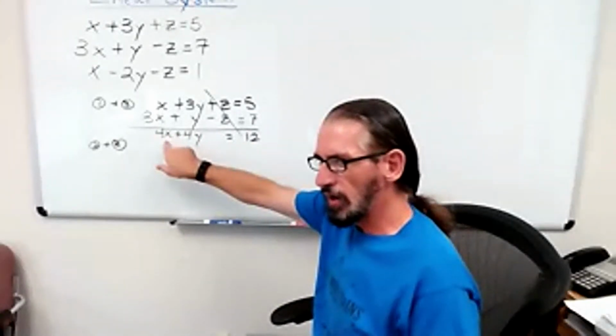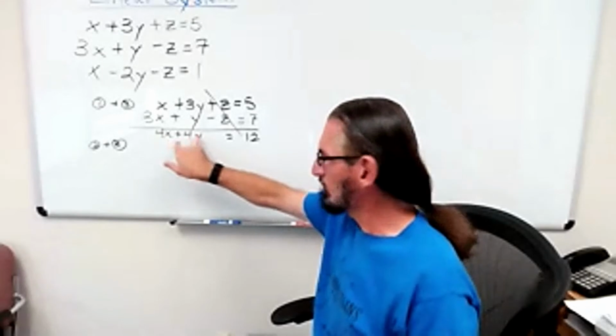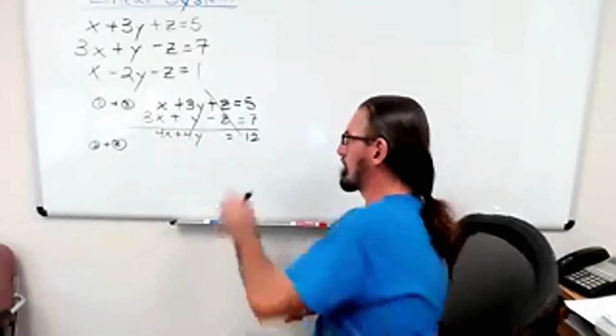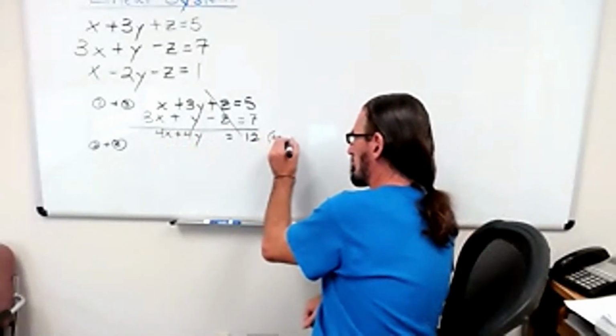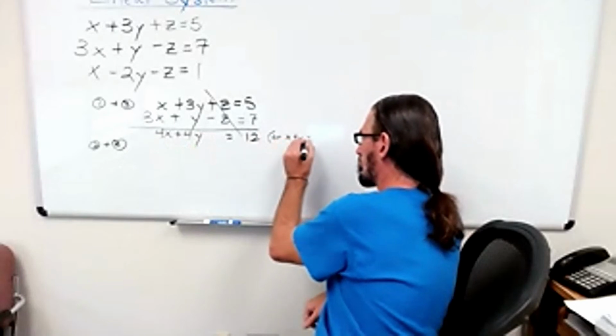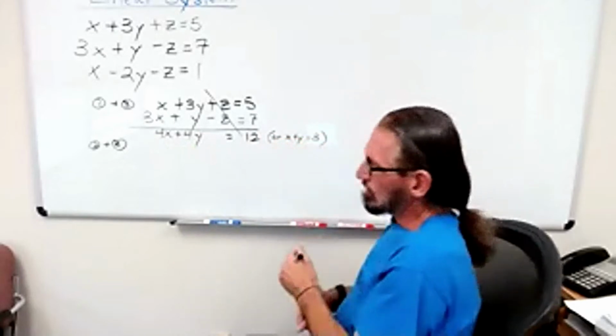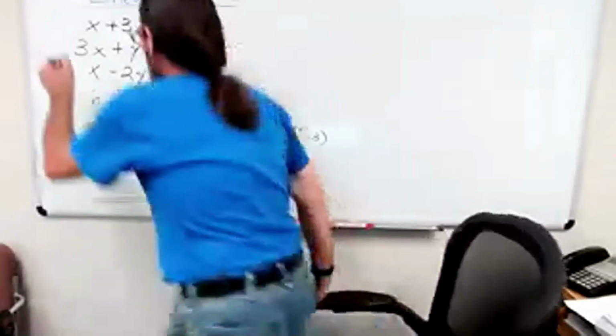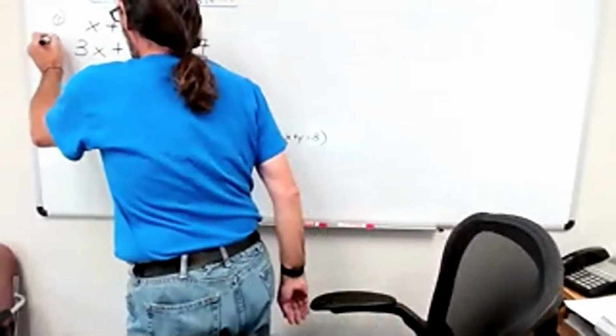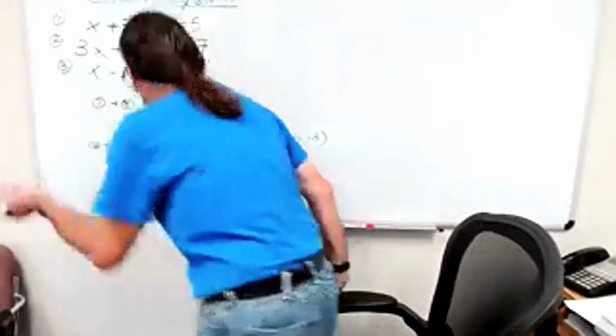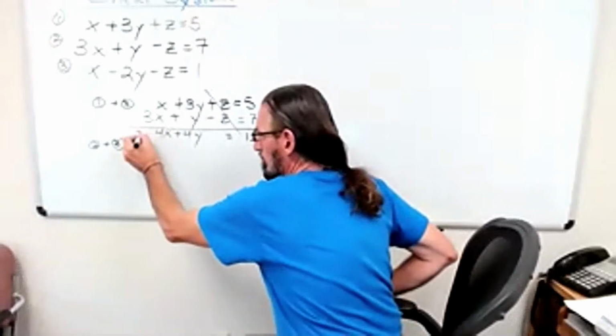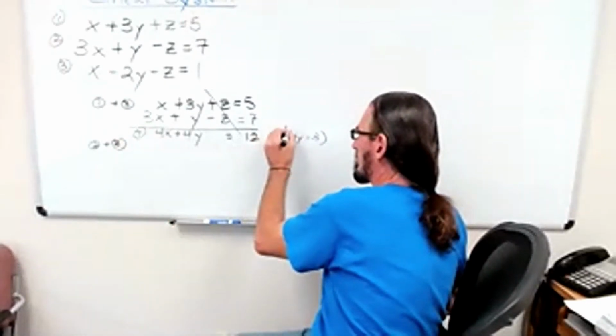It's like we're dividing everything by 4. So x plus y equals 3 as my new equation. Call that my fifth equation, because this was my fourth, and I transformed this.